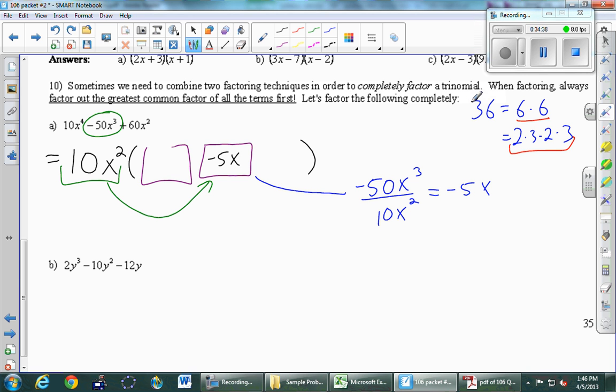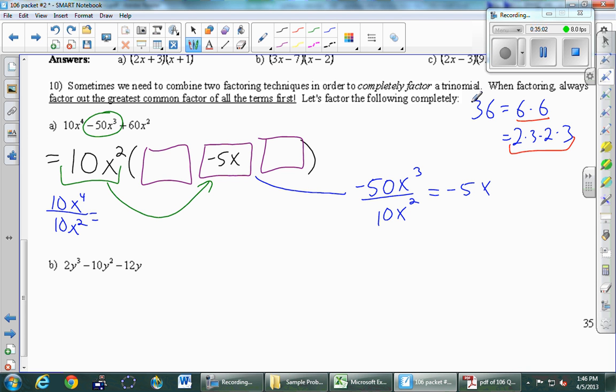Okay, let's see if we can fill in the first part. So there's supposed to be something here and then something else over here. So let's do the first one. Let me write it here in blue. We'll write the division. What was the first term? 10x to the 4th. And then we're dividing everything by the thing you pull out in the front. So in this case, it's always 10x squared.